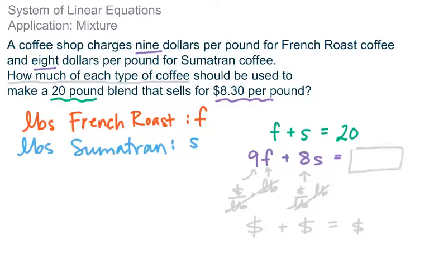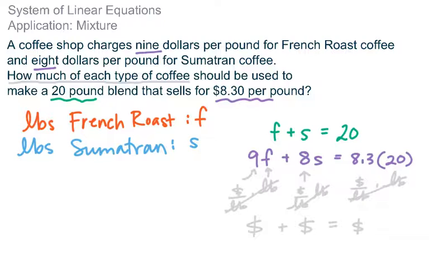What number is going to go over here on the right side of my equation? Well, it's $8.30 per pound. So we'll say 8.3. For how many pounds total? The total amount of pounds when we add F and S is going to be 20. So you'll see there, I've got 8.30, that is dollars per pound times 20 pounds.